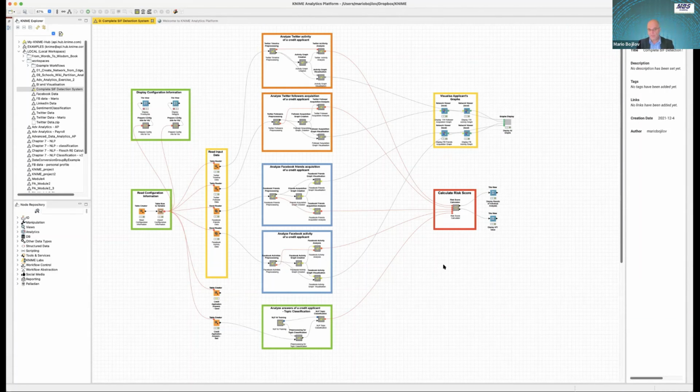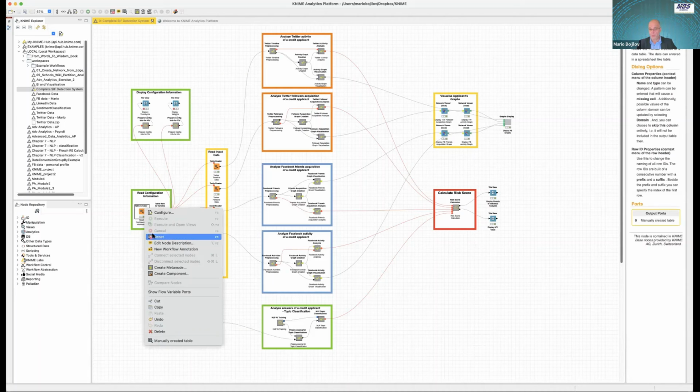The system contains several modules. It analyzes Twitter, analyzes Facebook, analyzes text answers, and based on that provides a recommendation whether somebody should actually review. This is for online credit applications, whether somebody should review what's going on, or whether they can approve this one automatically.